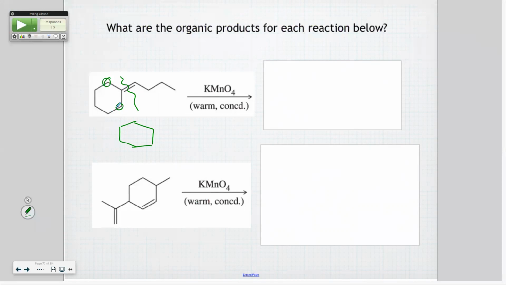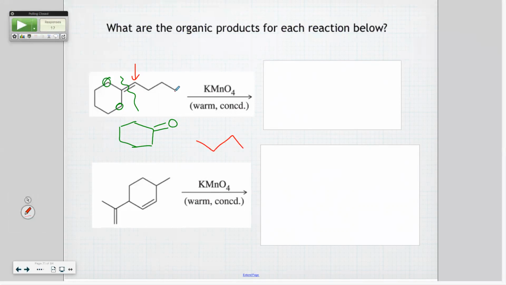Okay, so what do I get? What kind of compound is that? A ketone. Okay, what do I get from the other carbon on the other side? That would be this one. How many R groups does that one have? 1. So what am I going to get?